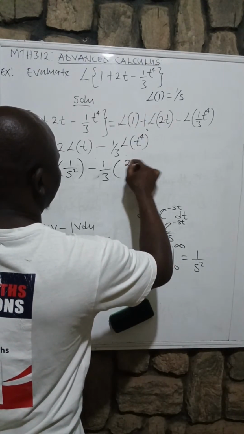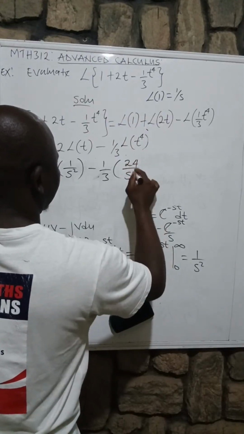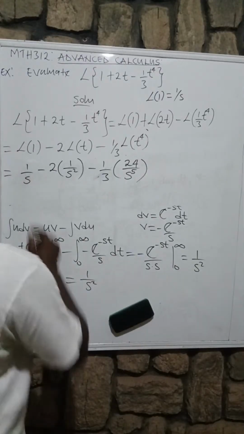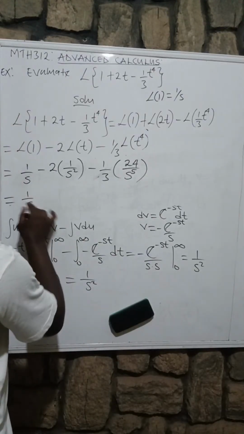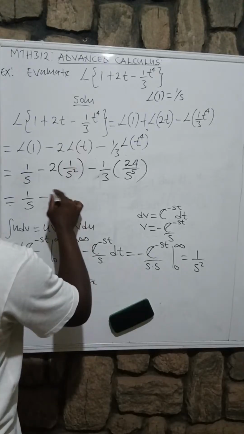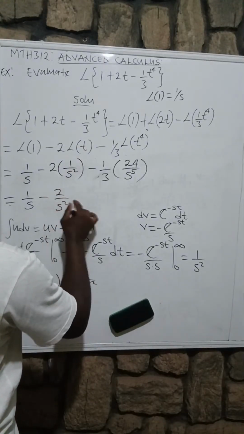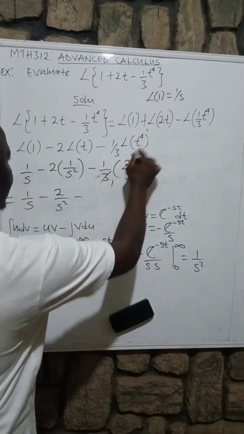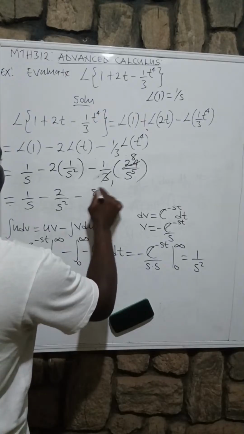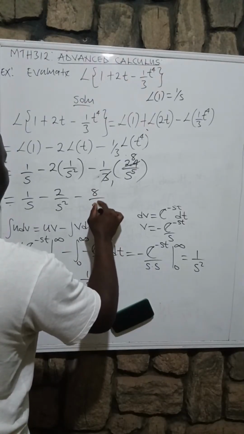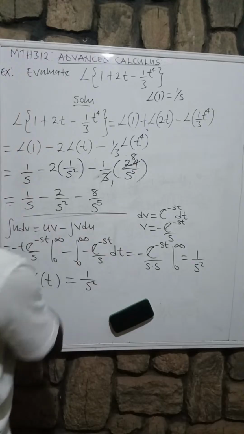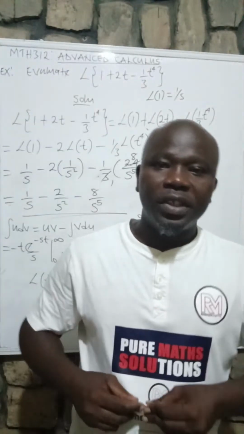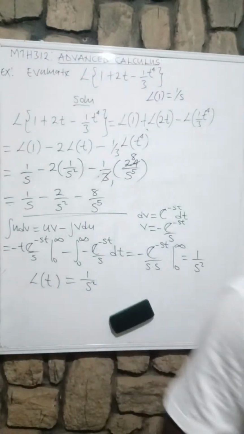Which is 24 all over s raised to the power of 5. True or false? So this is equal to 1 all over s minus 2 all over s squared minus 8 all over s raised to the power of 5. This is the final answer. Any question before we proceed further to solve more problems?